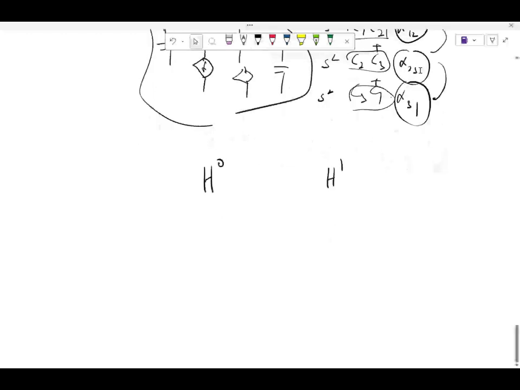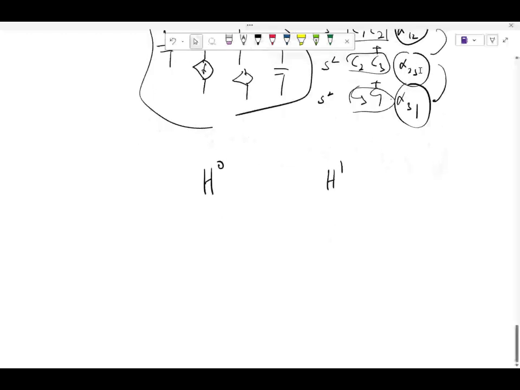Obviously, if you have only RCs, you cannot do it because everything goes in the same direction. But if I use a control source, then it is possible, right? The simplest thing you can think of is something like this.